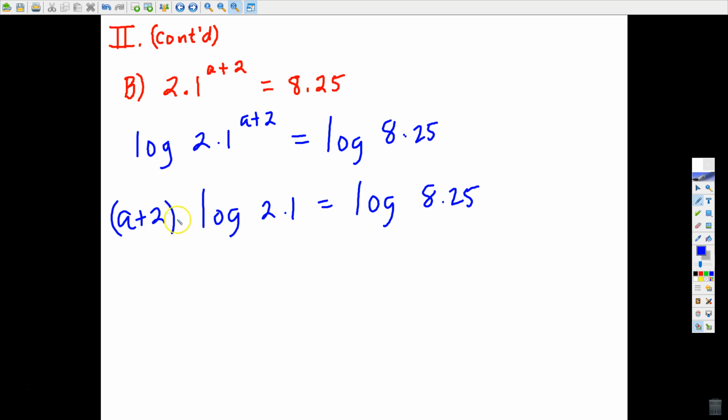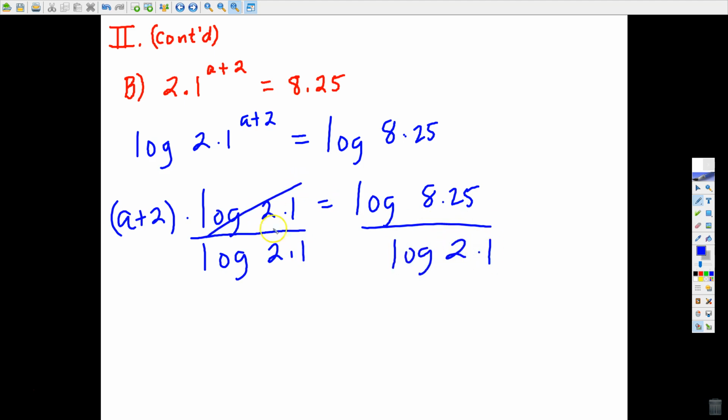Okay, multiplication can be undone with division. Making these cancel, I'm trying to solve for a, so I get a plus 2 on the left side, and now you turn to your calculator and you're going to do log 8.25 divided by log 2.1. And Kyle, can you go ahead and give us that decimal?